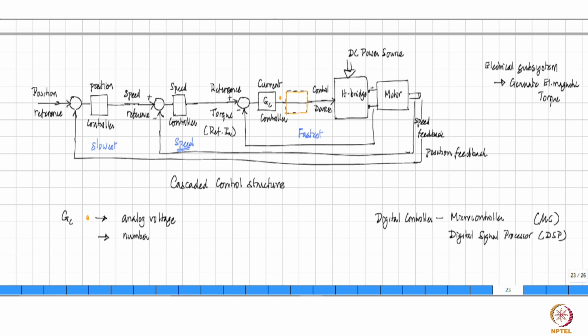Right? You are going to do some arithmetic inside, implement some equations, etc. Finally, you get a number. That number represents how much voltage should be applied to the machine.